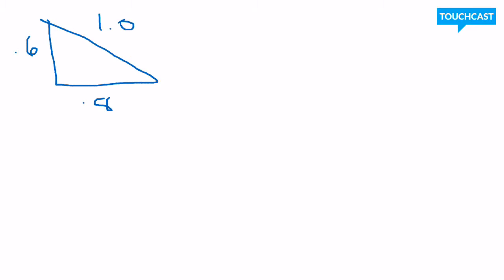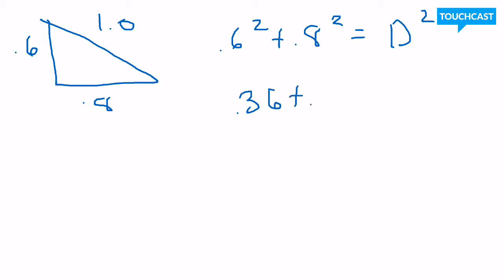That's how I'm going to figure out this hypotenuse. So 0.6 squared plus 0.8 squared equals capital D squared. So 0.36 plus 0.64 equals D squared. So I get 1 equals D squared. That's how I decide that the distance must be 1 mile.